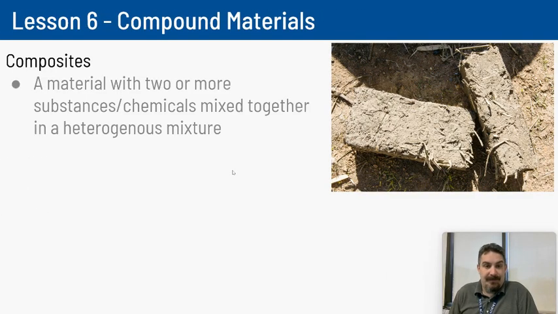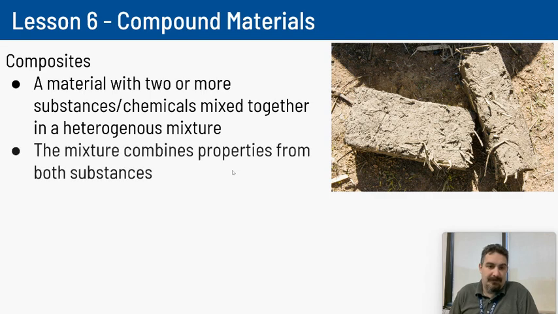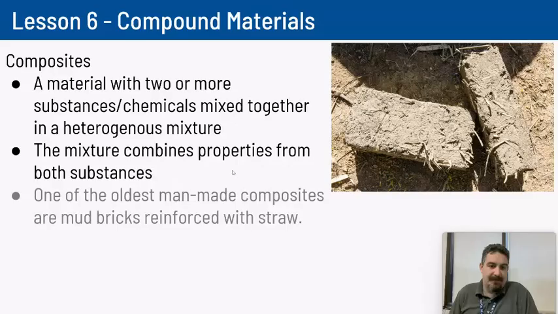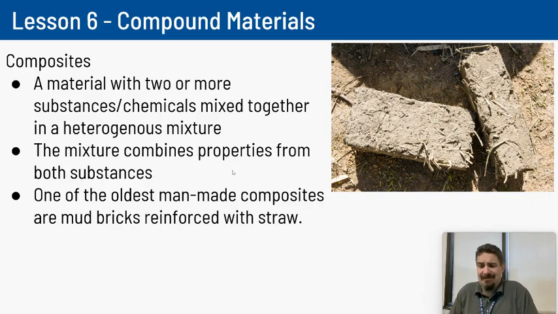Now, composites, right, is a material with two or more substances mixed together. This is a different kind of slide talking about composites here now. So this mixture combines the properties of those two substances. Whereas the mayo is nothing like vinegar or oil or yolk entirely, it's very different than those things, this weird mixture.